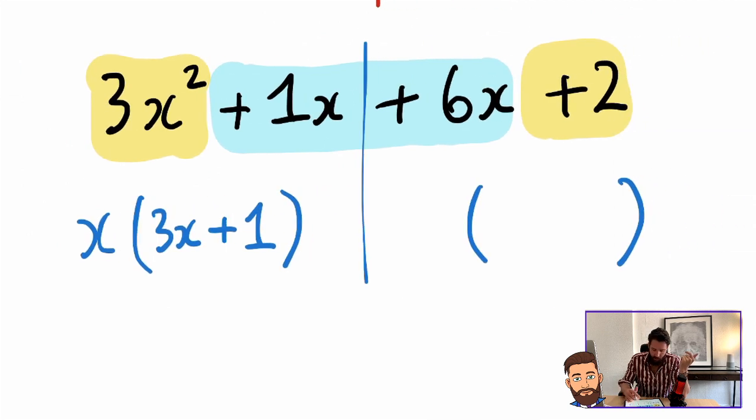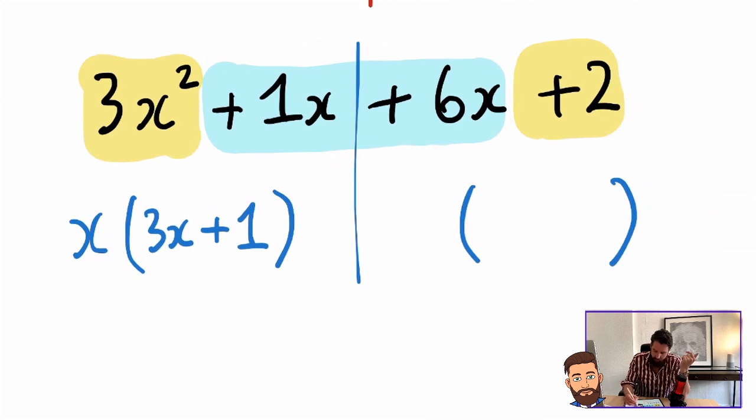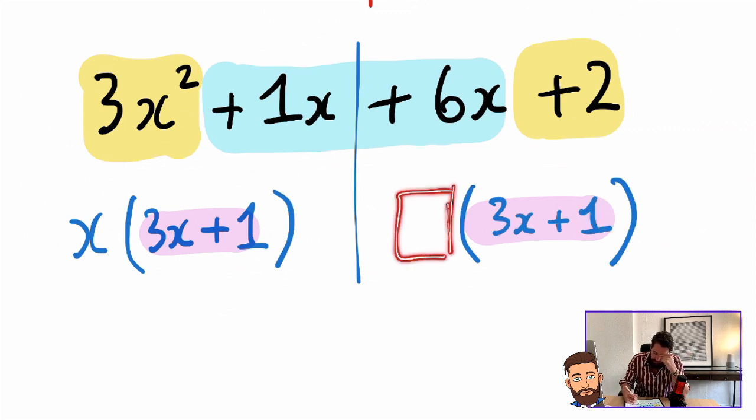The trick here was these brackets will always be the same. So we can just fill in. We know that these need to be the same. So I can just fill in 3x plus 1 in here. Work backwards. What would have to be here to expand to get this above? What do you times 3x by to get 6x? 2. Does it work?